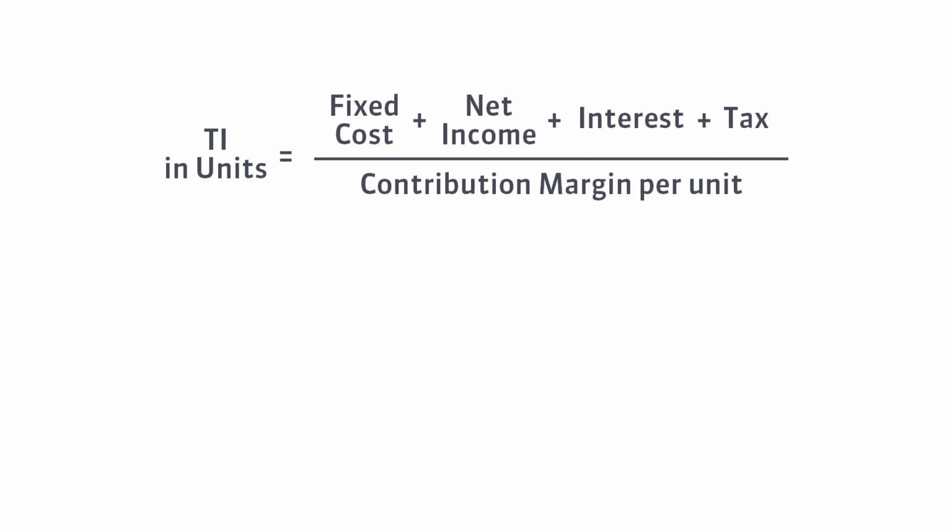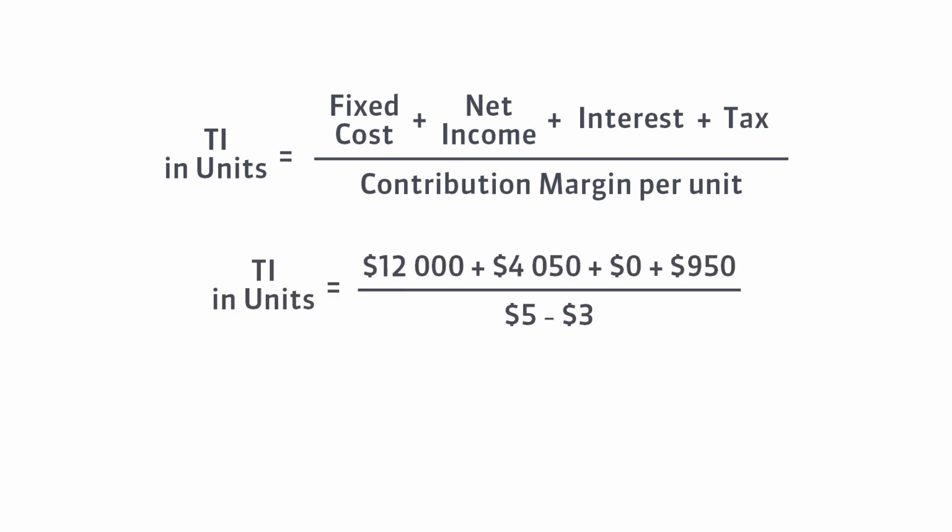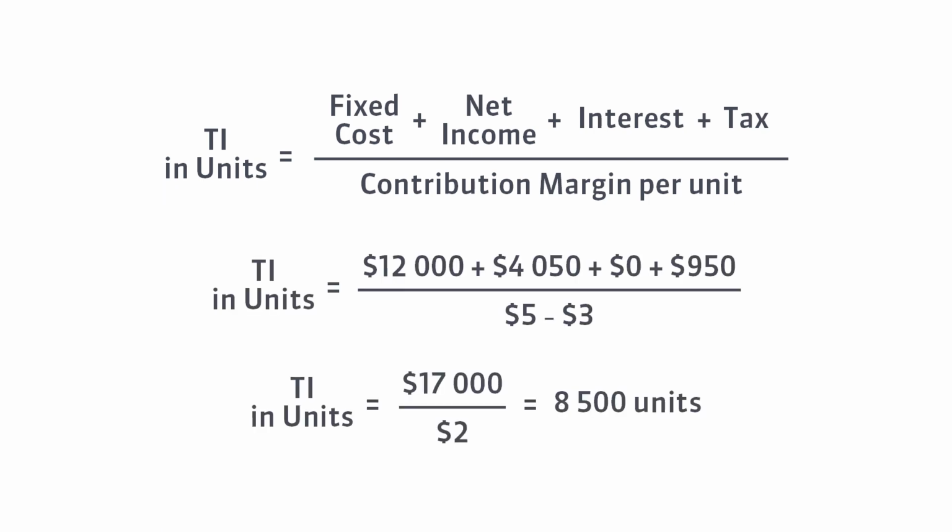Now let's check the number of pots needed to attain a net income of $4,050. As you can see, we need to sell the same number of pots, that is 8,500, to attain an operating income of $5,000 and net income of $4,050.